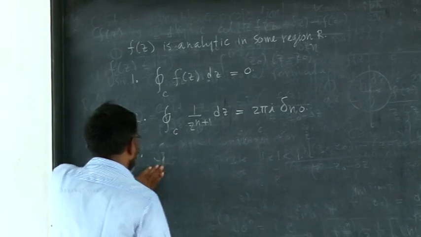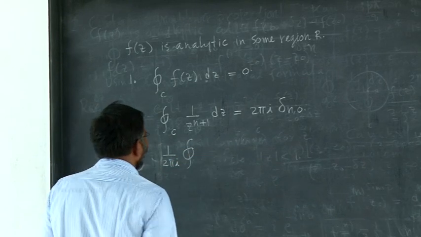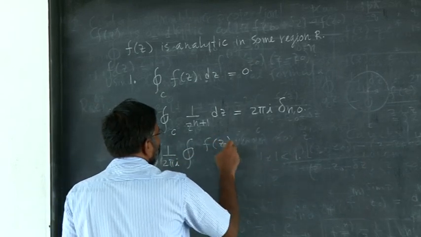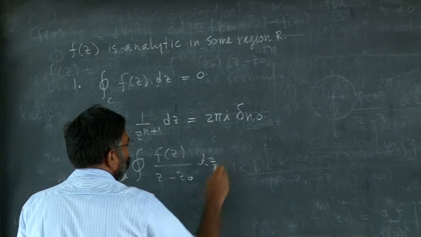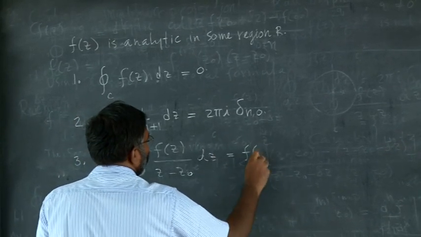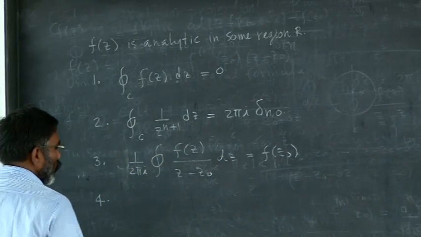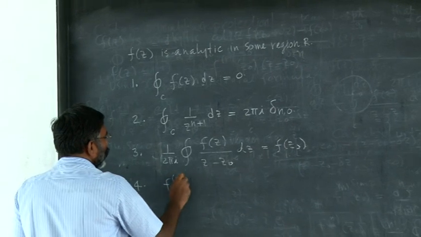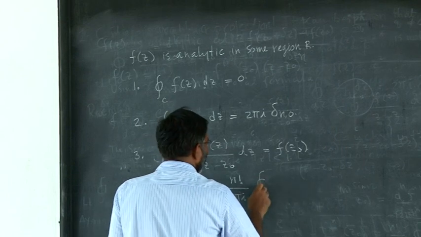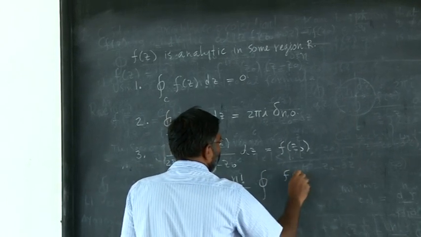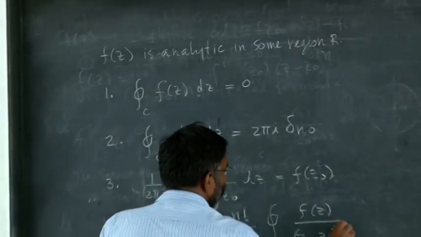And third, we had 1 over 2 pi i times the integral over the closed curve of f of z over z minus z naught, dz, is equal to f of z naught. And from here we were able to write the nth derivative as the integral over a closed curve of f of z divided by z minus z naught to the power n plus 1, dz.